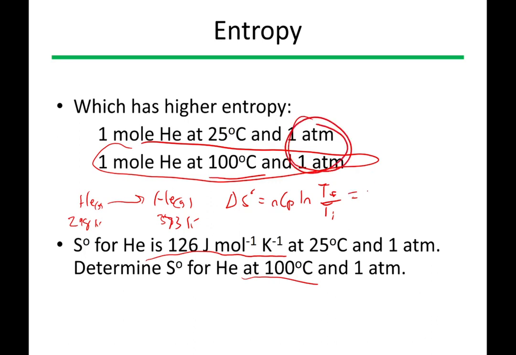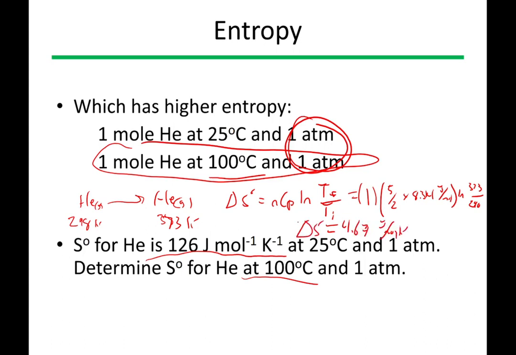And this is going to be equal to 1 times our standard Cp for a gas, which is 5/2, times 8.314 joules per mole, times the log of 373 over 298, and that's equal to 4.67 joules per mole Kelvin.